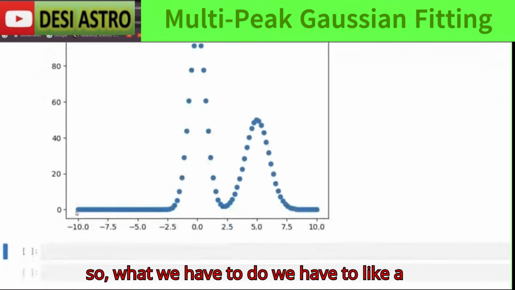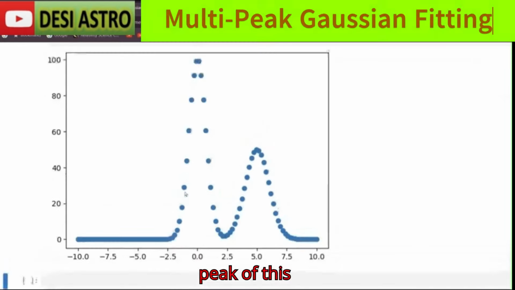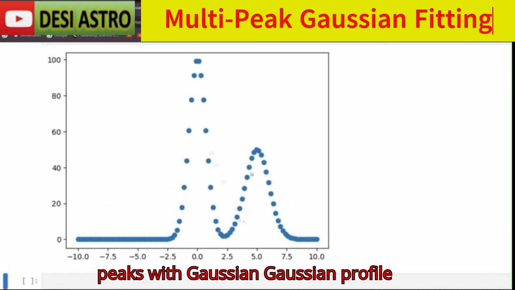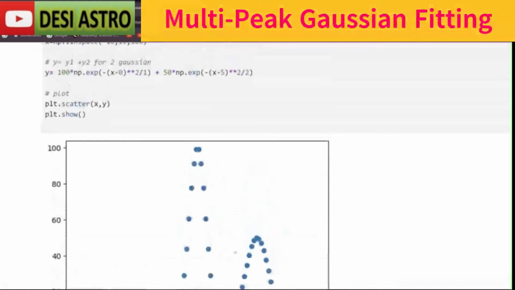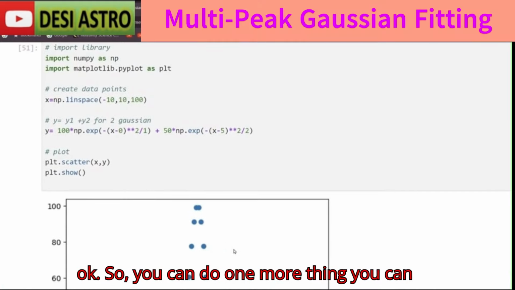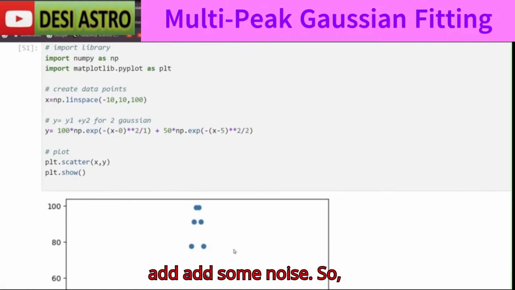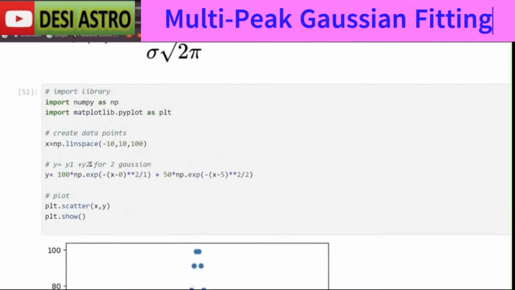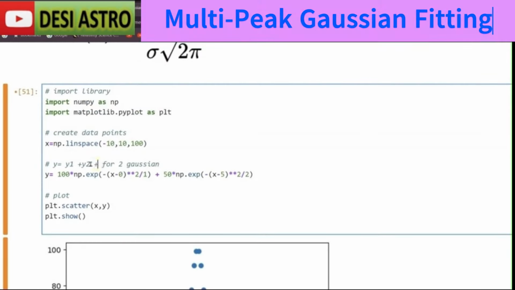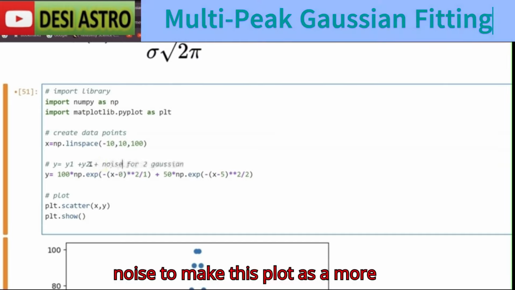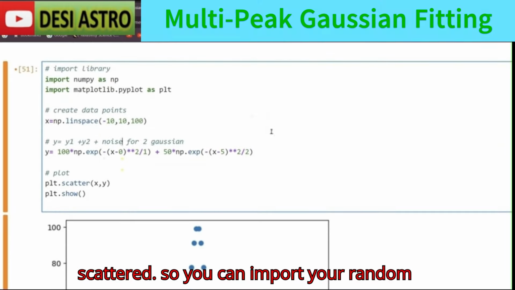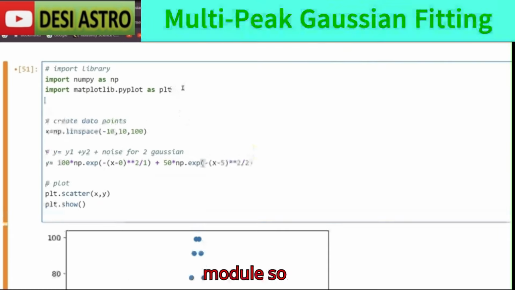So what we have to do is fit these peaks with a Gaussian profile. Okay, so you can do one more thing. You can add some noise to make this plot more scattered. So you can import your random module.